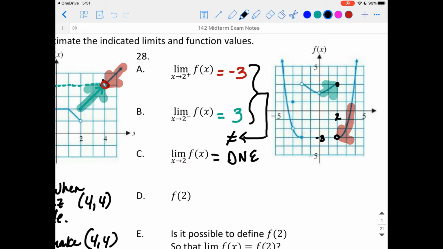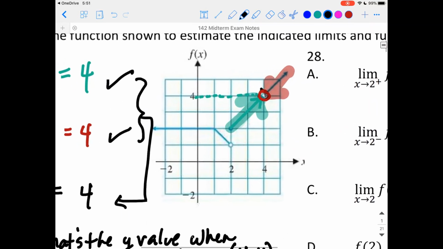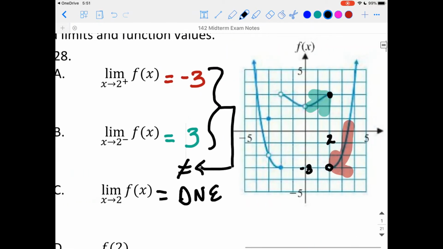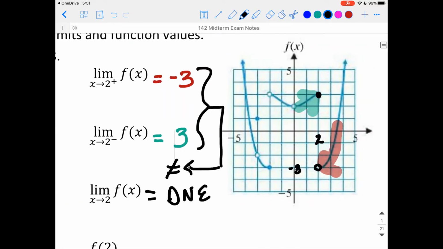So graphically, the limit is going to exist if you're having a particular x value, and you're coming from the left and you're coming from the right, and you're going to one specific point, then the limit's going to exist. In this one, if you're coming from the left and you're coming from the right, and you end up at two different points, which again are going to give you two different y values, then the limit at that particular x value that you're interested in, which in this problem is 2, it's not going to exist.